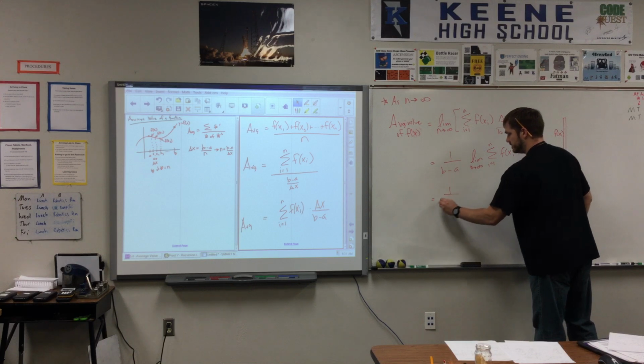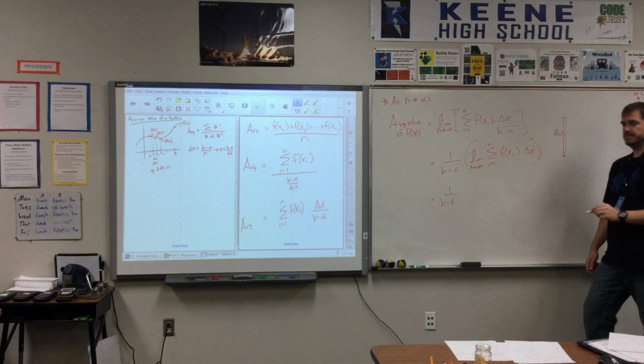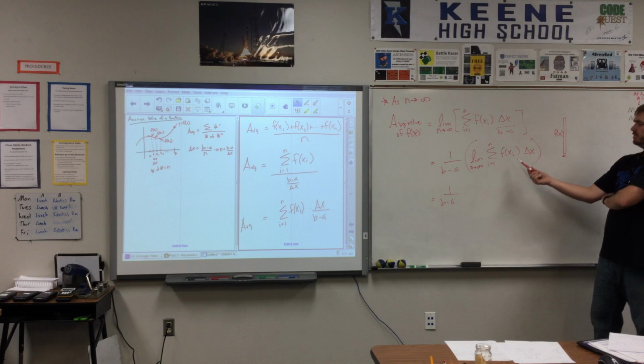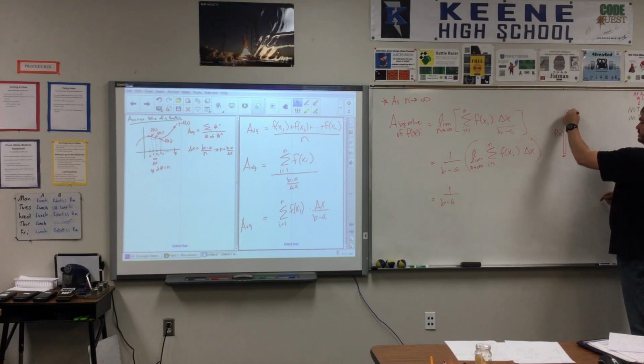What's that notation? James? Not sure. Rigel? Adding up all of the area of the rectangles. So this rectangle, plus this rectangle, plus this rectangle.